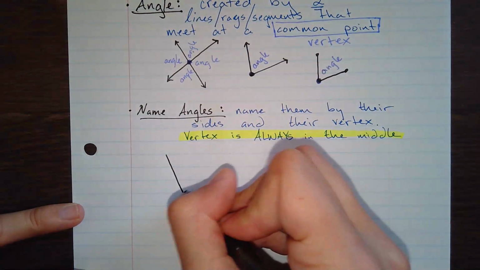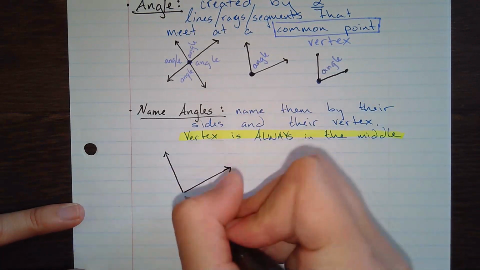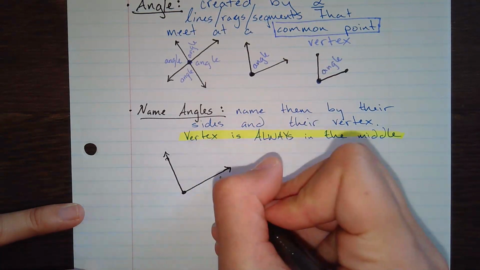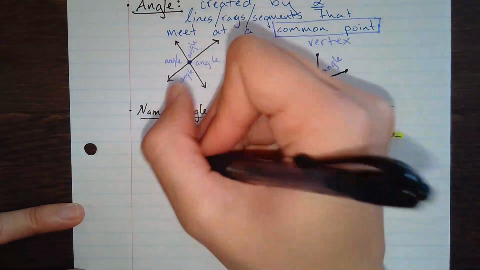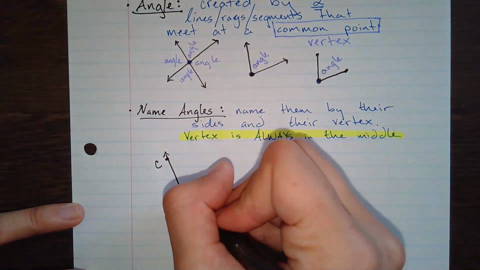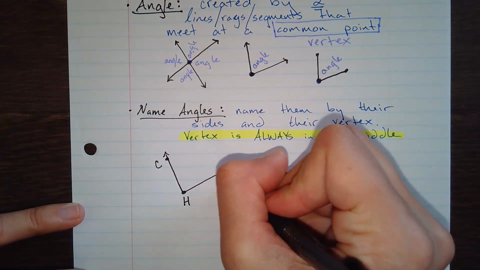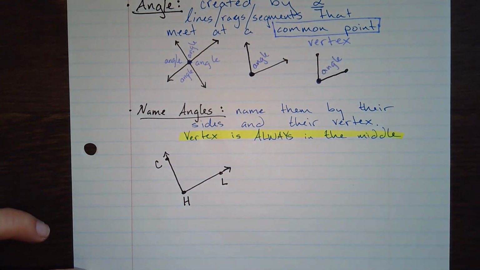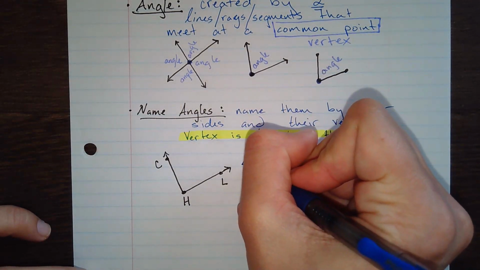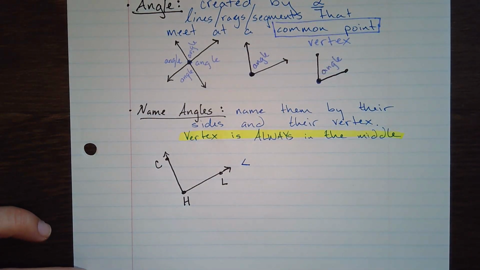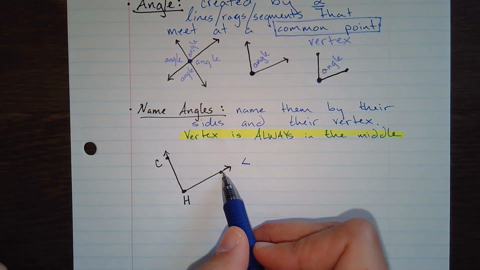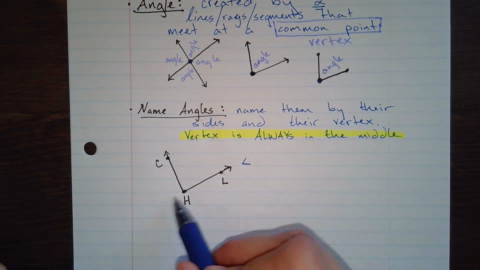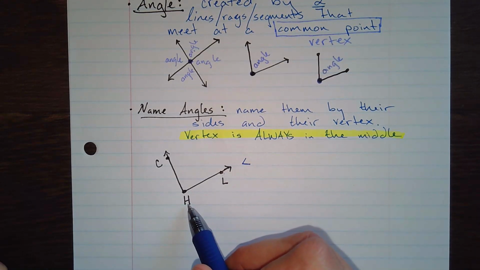So we might have a picture that looks like this. And you're going to be given different letters in this picture. Let's say this is C, H, and L. If we want to name this angle, what we do is we put a little symbol that kind of looks like an angle, right? And then we use the letters on the sides and the letter for our vertex, and the vertex will always go in the middle.